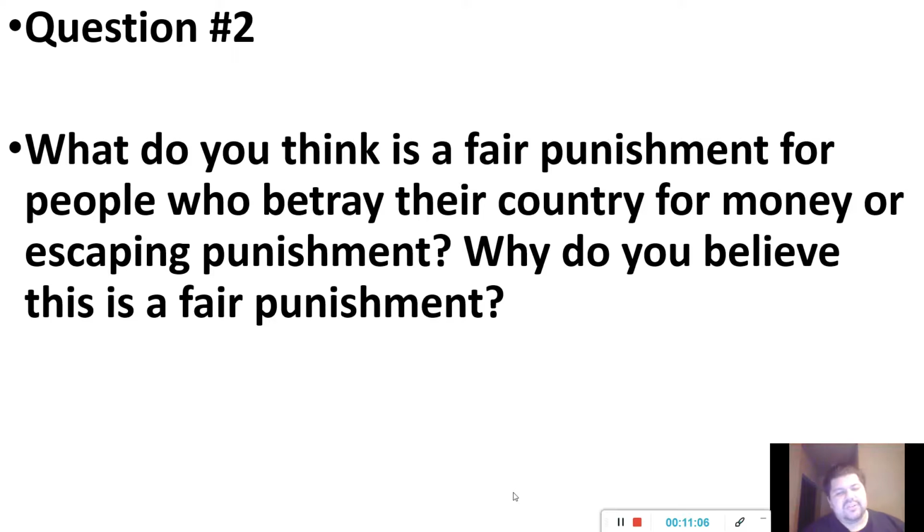All right, so what do you think is a fair punishment for people who betray their country for money or to escape punishment? What do you feel is fair? Okay.